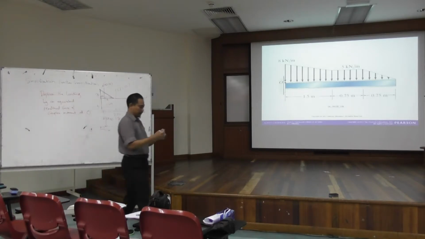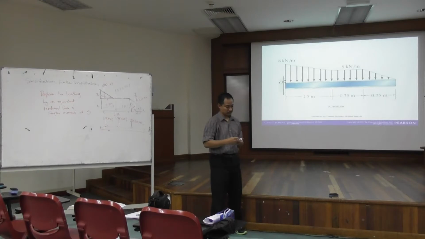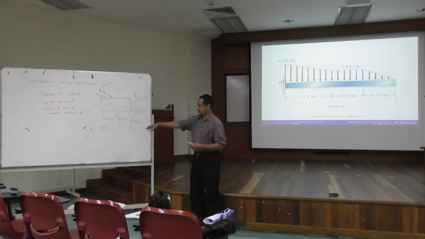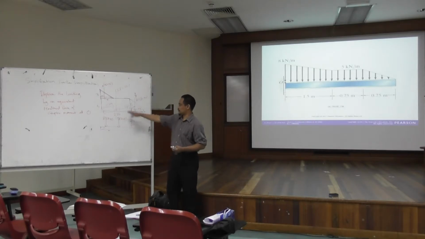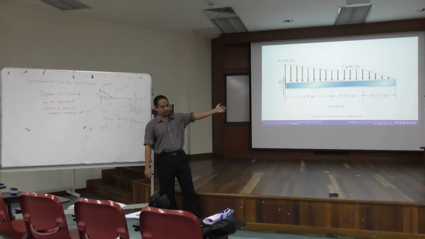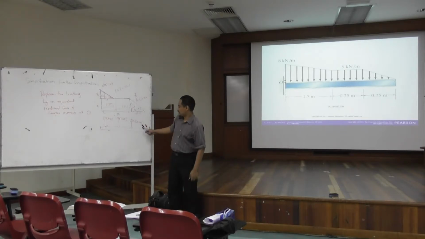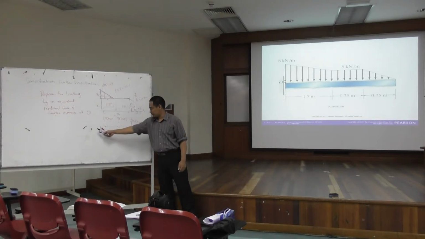So the question that we have covered about simplification, very rarely it starts like this. Normally it is combined with this one to start somewhere here. So you have to combine the understanding of distributed loading, that is 4.9, and then from here you bring everything to point O.